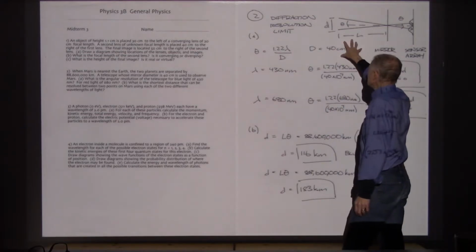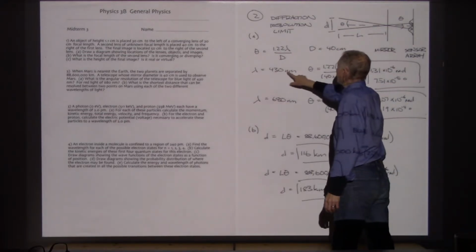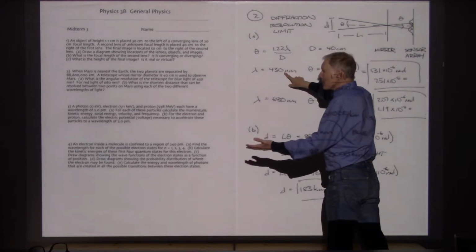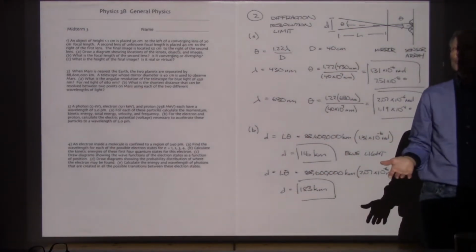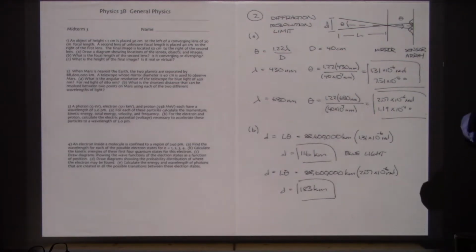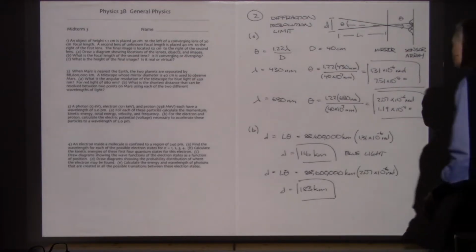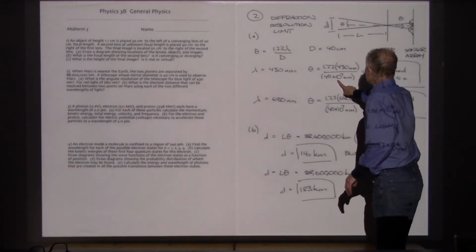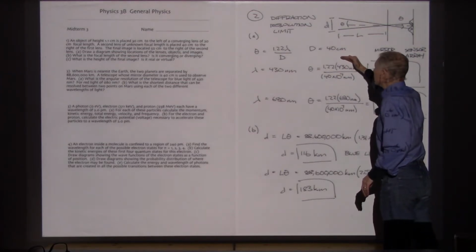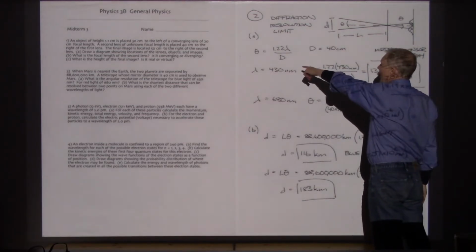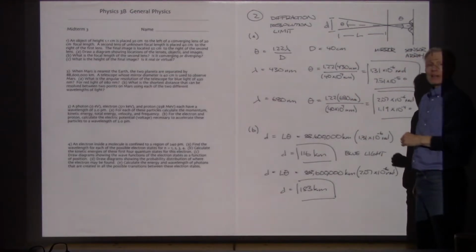Well, in this example, the diameter is 40 centimeters, and for the wavelength, they say that with this telescope we can use a blue filter, which only allows the blue light to come through, and that's going to help give us better resolution. So to get theta from this formula, I have to make sure the wavelength and the diameter are using the same units.